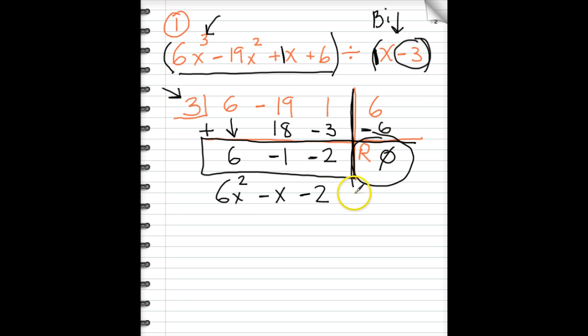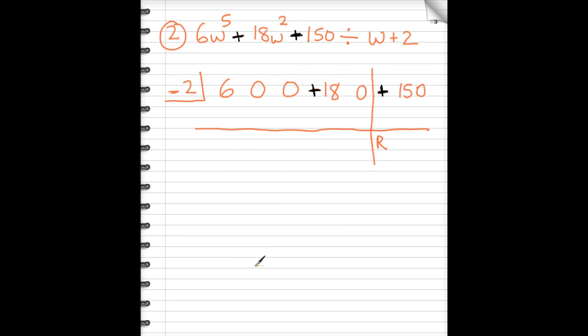Another way you can explain it is the constant always goes right before the remainder. So it goes constant, first power, second power. So that's it. 6x squared minus x minus 2 is done. No remainder. Okay? Feel free to review this if you need to. If not, we will go on to the next.